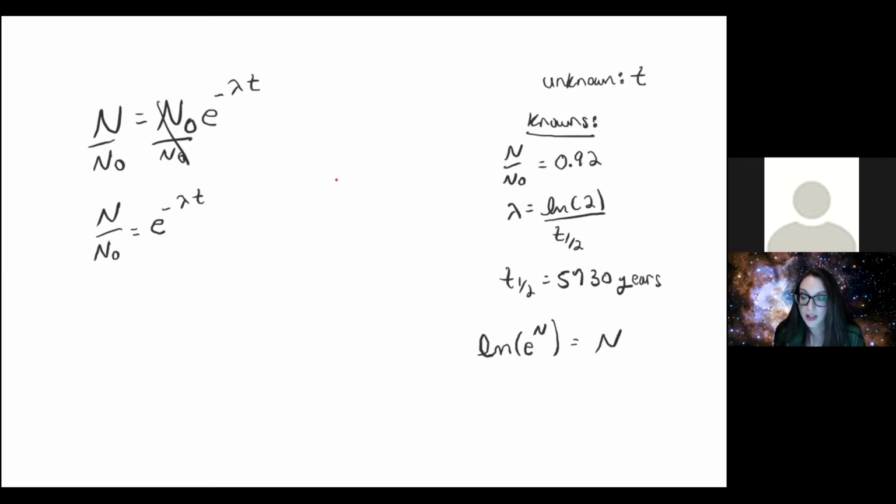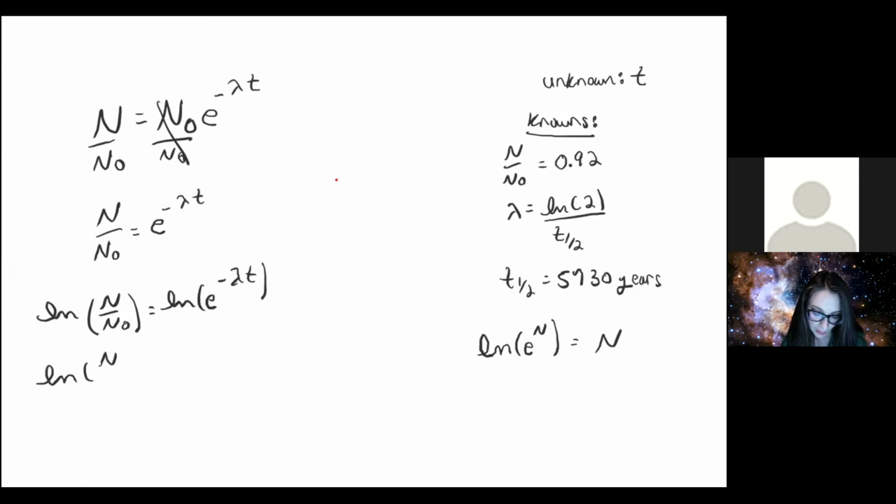So if I take the natural log of both sides, I will find that the natural log of N over N naught is equal to the natural log of e to the minus lambda t. So that's the natural log of N over N naught is equal to minus lambda t. I'm going to get back all the stuff that was in that exponent.